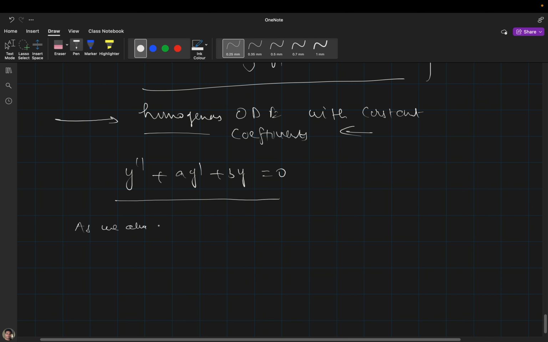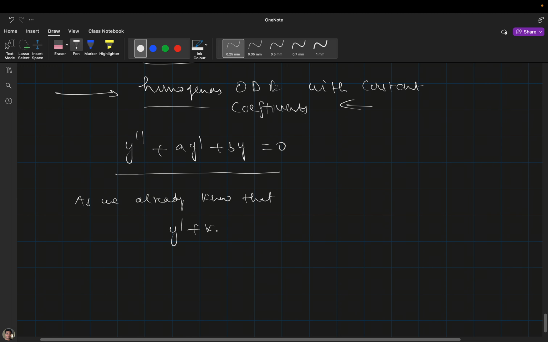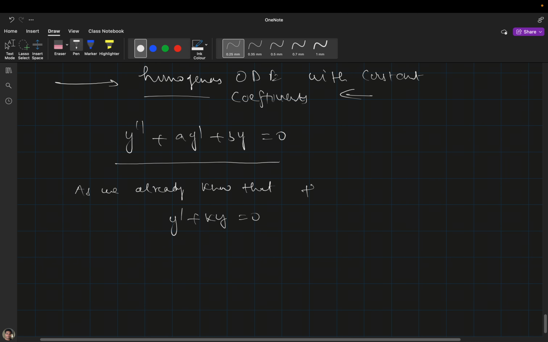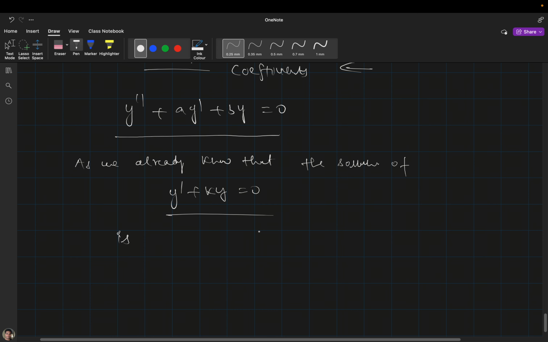As we already know, what is the solution of this first order differential equation? Tell me.